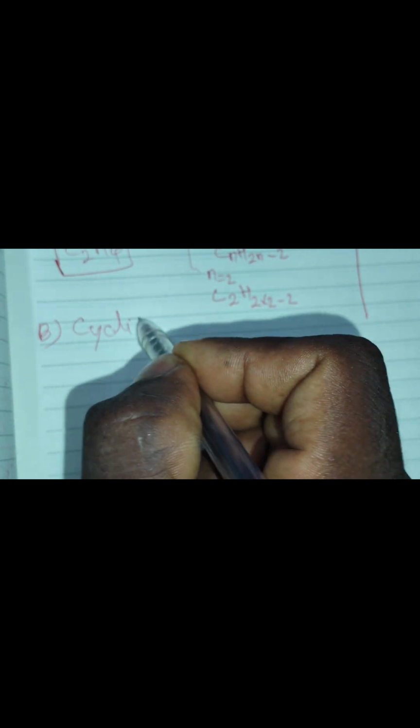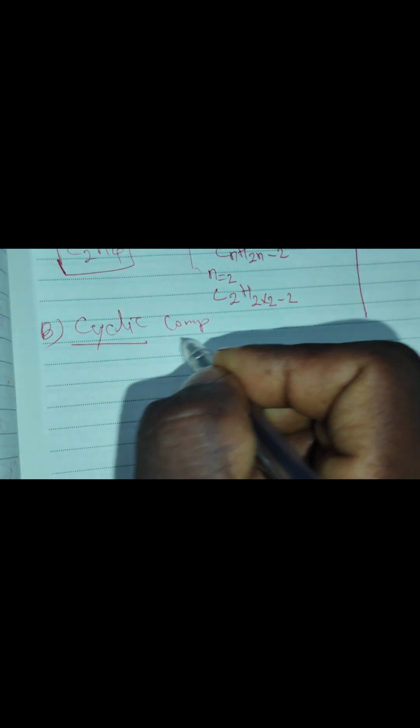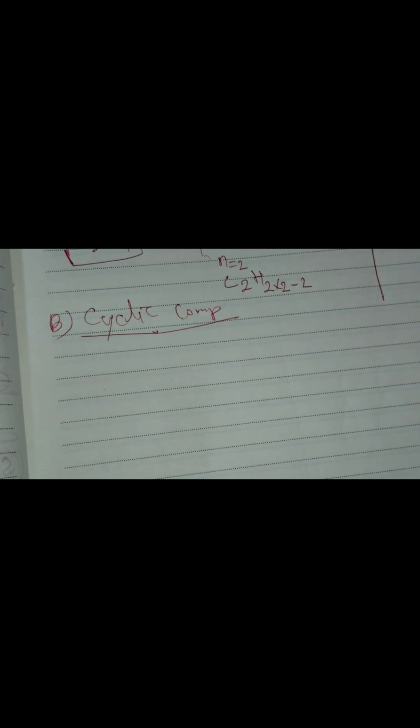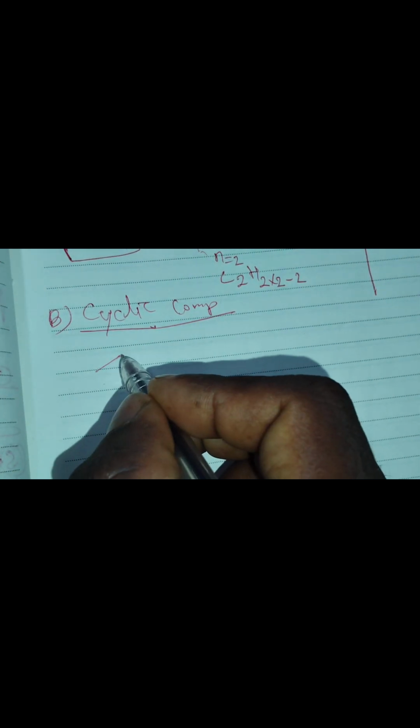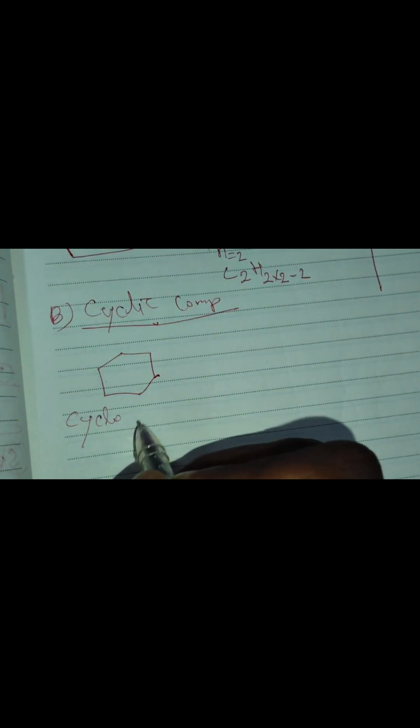Next there is the B type, the cyclic compound. Here also the compounds are present as alkane, alkene, alkyne, but in the case of the cyclic basic skeleton, for example this is 1, 2, 3, 4, 5, 6 carbons, each carbon has only sigma bonds, so it is a saturated 6-membered cyclic structure, cyclohexane.